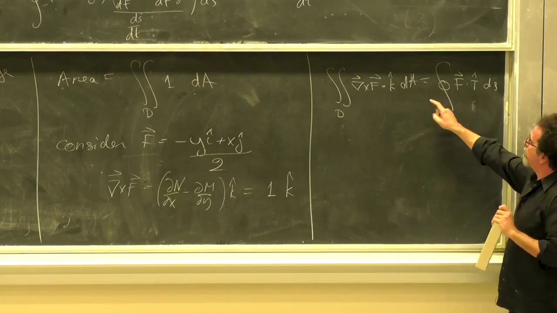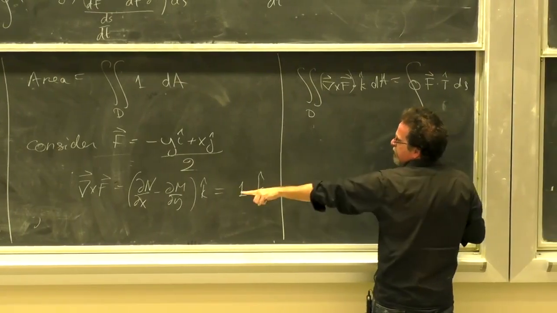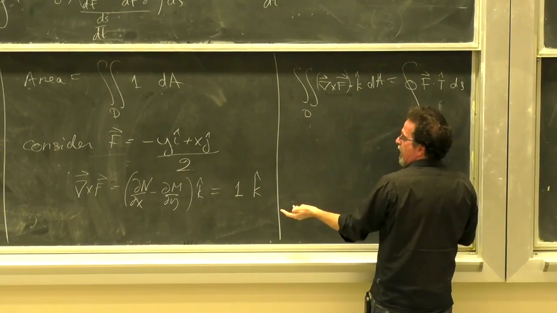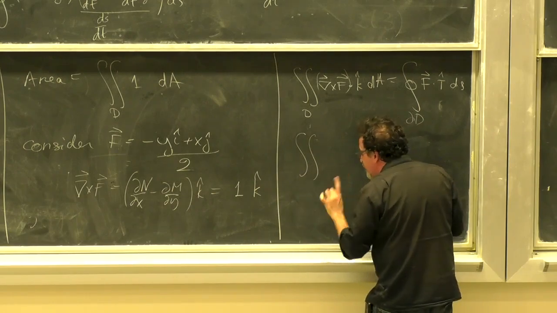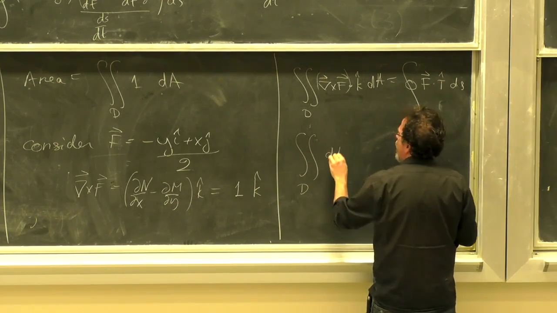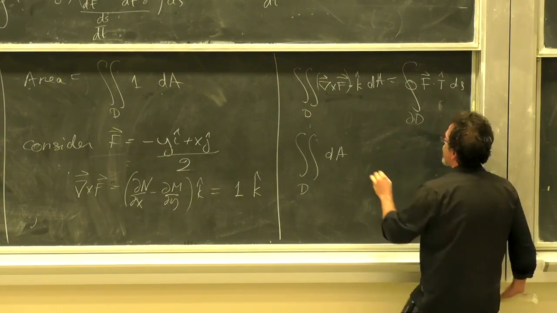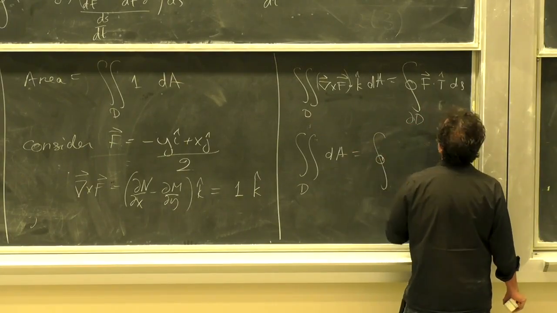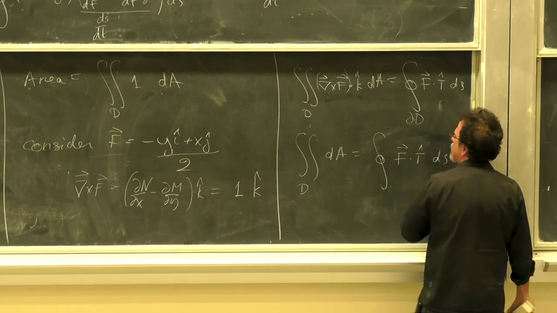But this is good because it says, look, curl of f for this vector field is 1 k hat, and dotted into the k hat, that's 1. So for this particular f, this all turns into 1, and I have the integral of the number 1 with respect to a is equal to the integral of this vector field f dot t hat ds.